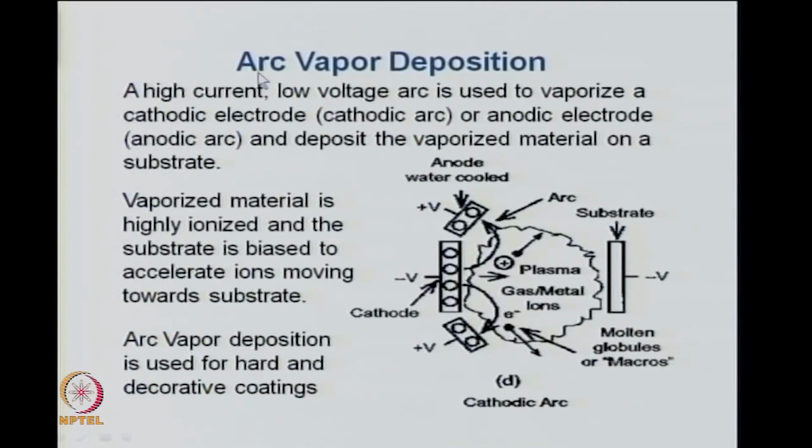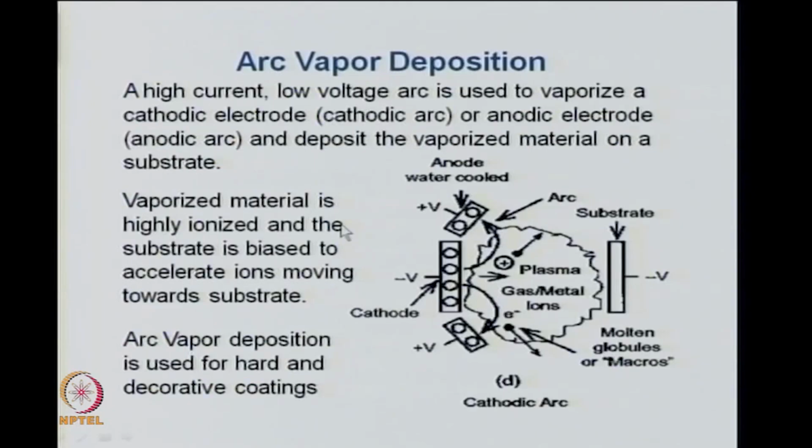As the term arc suggests, you have to generate an arc, and an arc is normally generated between 2 electrodes at different potential. One is the cathode, one is the anode. So, you can have a cathodic arc like it is shown here, and you can also have an anodic arc.